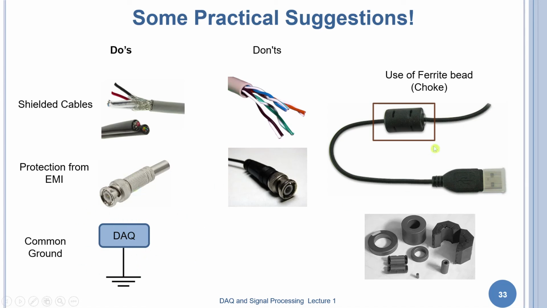Another thing is, you would have seen small beads in some of your cables or DAQ wiring. These are basically ferrite beads which avoid spikes getting into your measurement. Spikes are nothing but high frequency components, so high frequency components can be avoided using these ferrite beads.